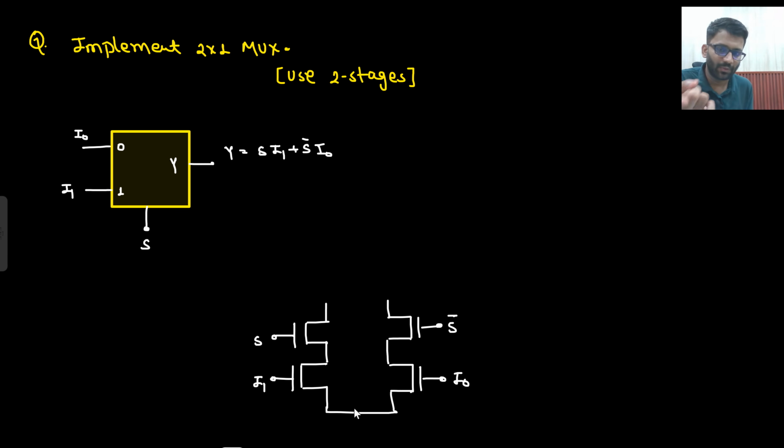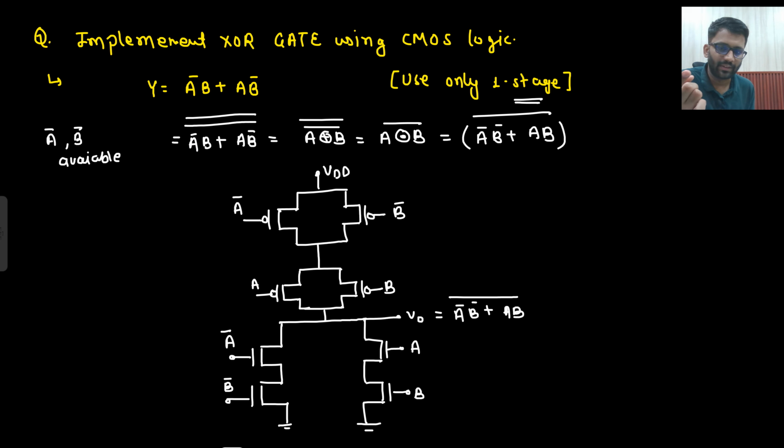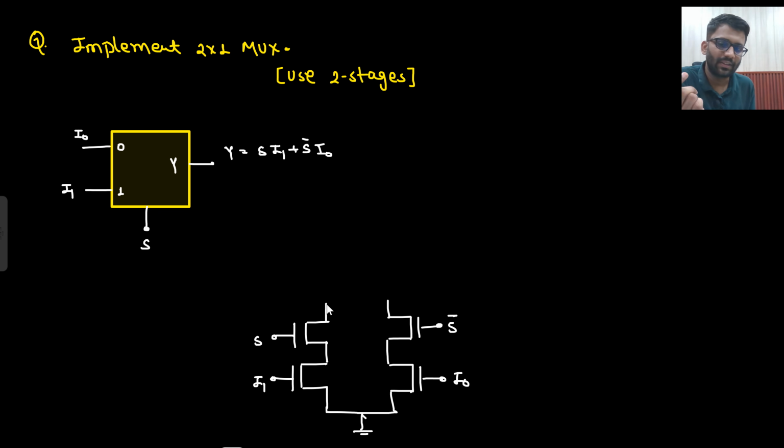And then both are added, so both will be in parallel. Okay, did I show the ground here? Yeah. You can connect together, show the ground, or you can connect like this as well. So now both will be in parallel since there is an addition.